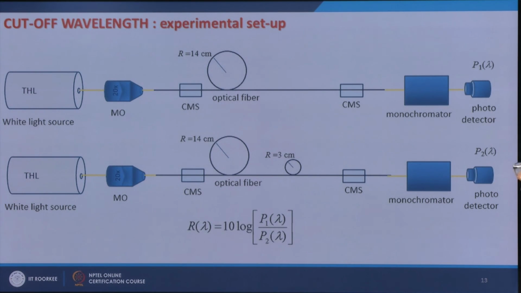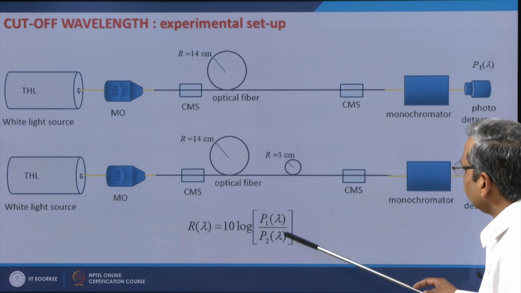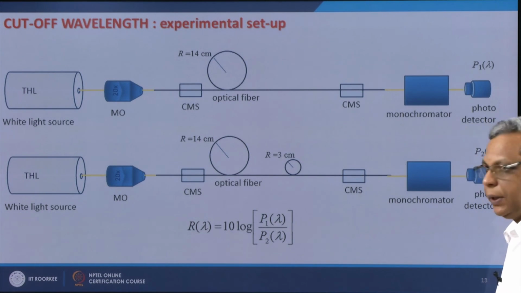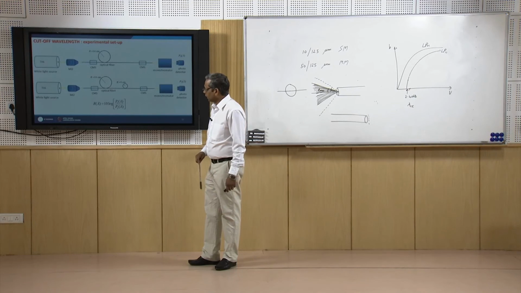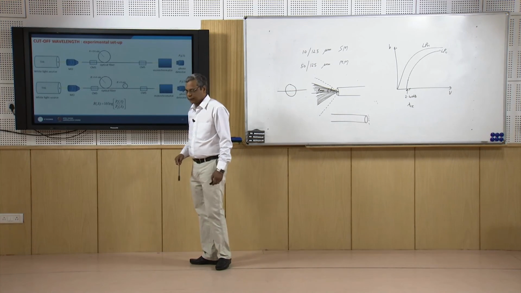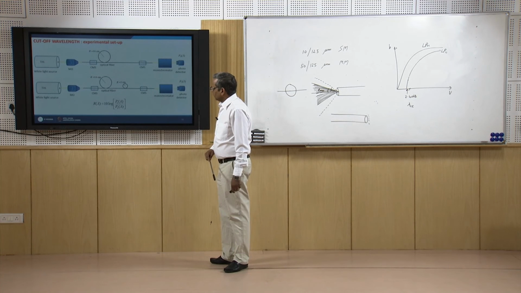Then this ratio of P1 lambda and P2 lambda can give me the bend loss, can give me the cutoff wavelength. I will show you how.